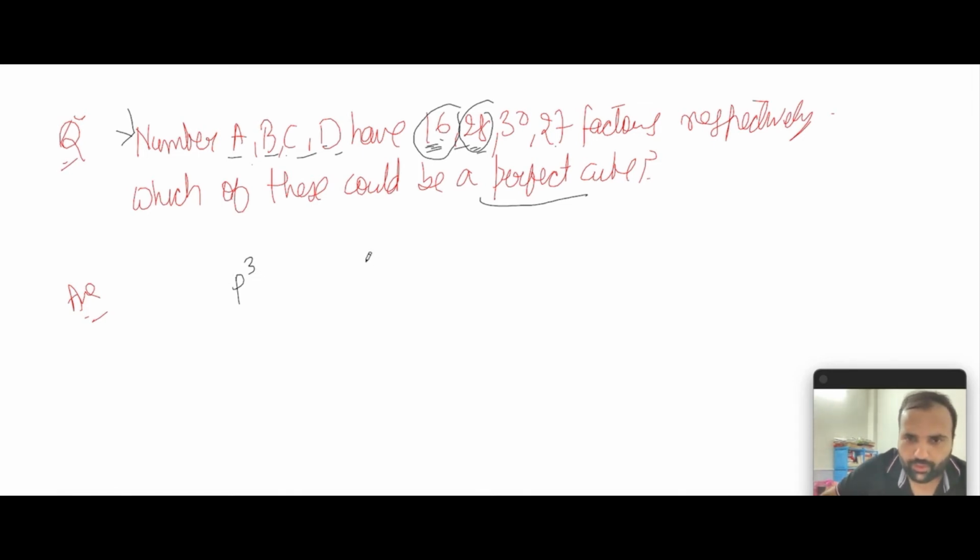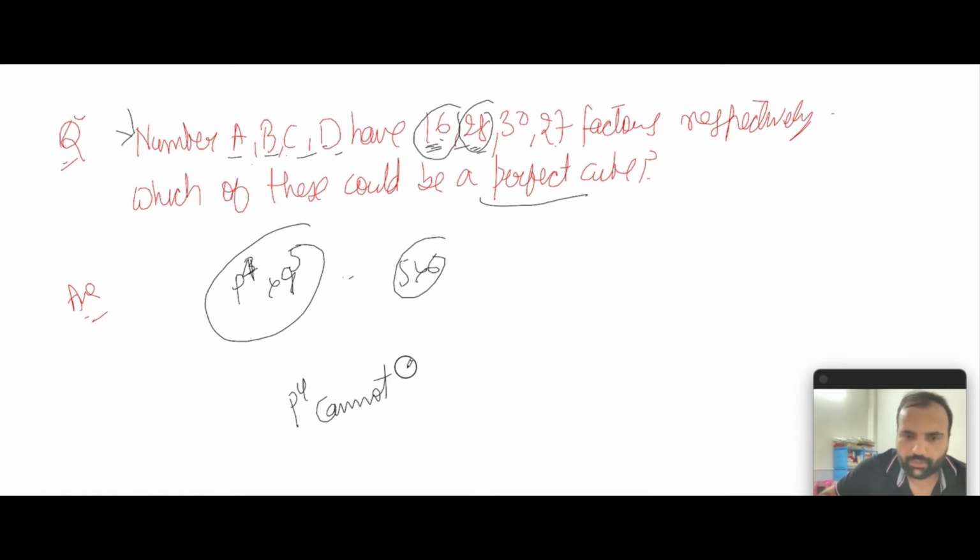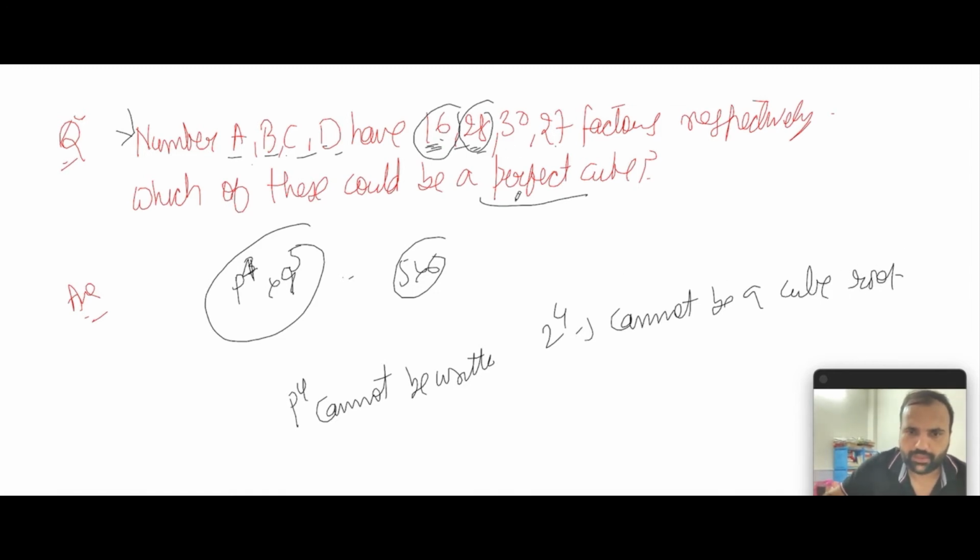So for the number of factors to be 30, it has to be P4 or it has to be Q5, because then only you would have 5 into 6, 30. So you see that it's not fulfilling, because P to the power 4 cannot be written as a cube, or we can say any number to the 4 cannot be a cube. So C certainly is not a perfect cube.